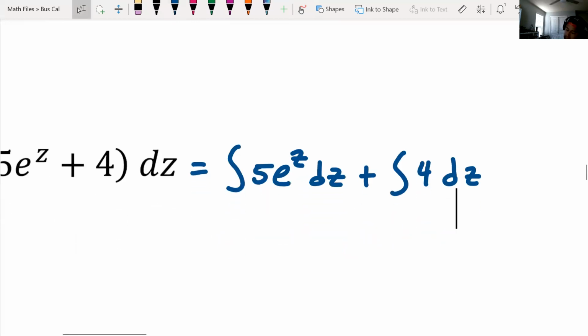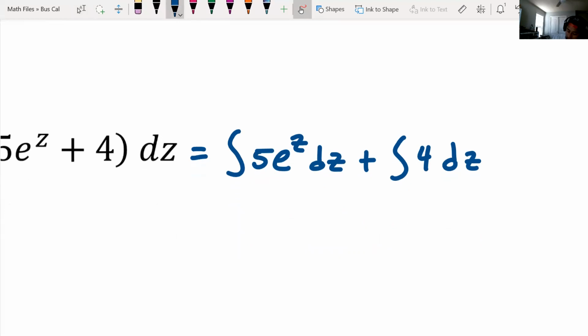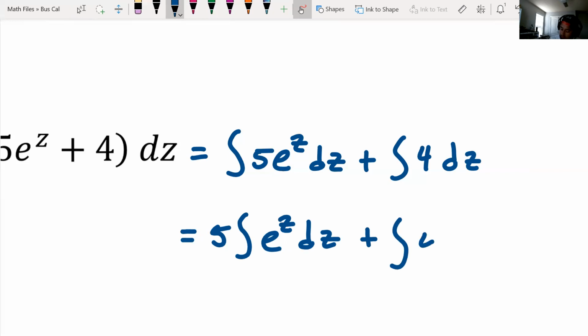Okay. And now one more rewrite. I'll pull that 5 out. 5 times the integral of e to the z dz plus the integral of 4 dz.